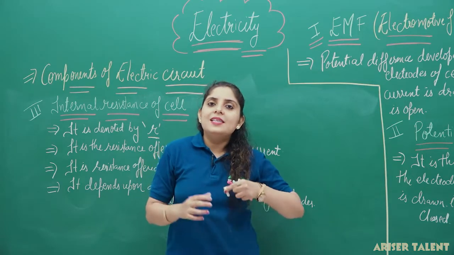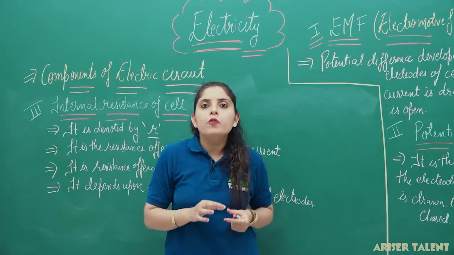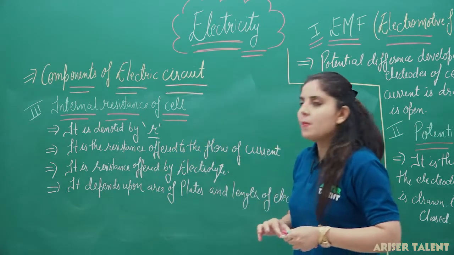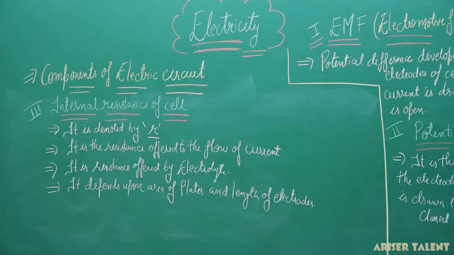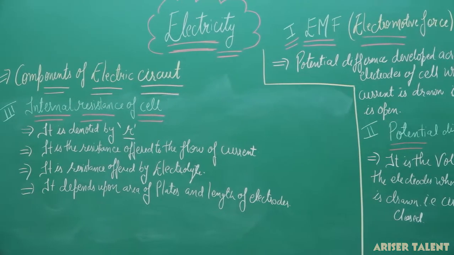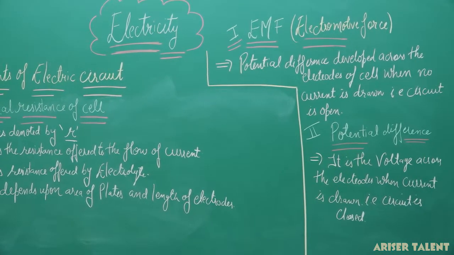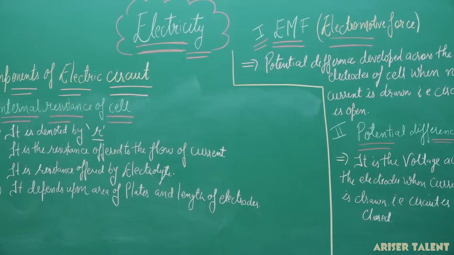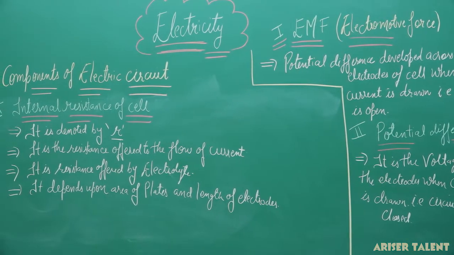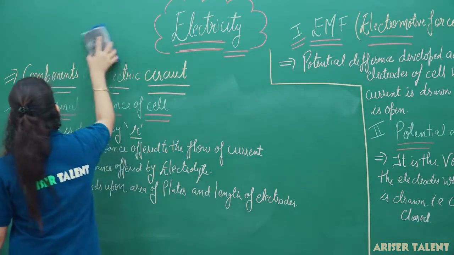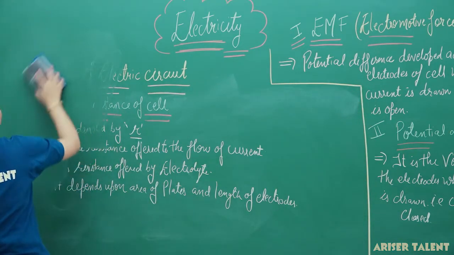Now, let us derive an expression for how you will find the internal resistance of the cell. So, firstly, just copy it from here. Now, let's derive an expression for calculating the internal resistance of the cell.